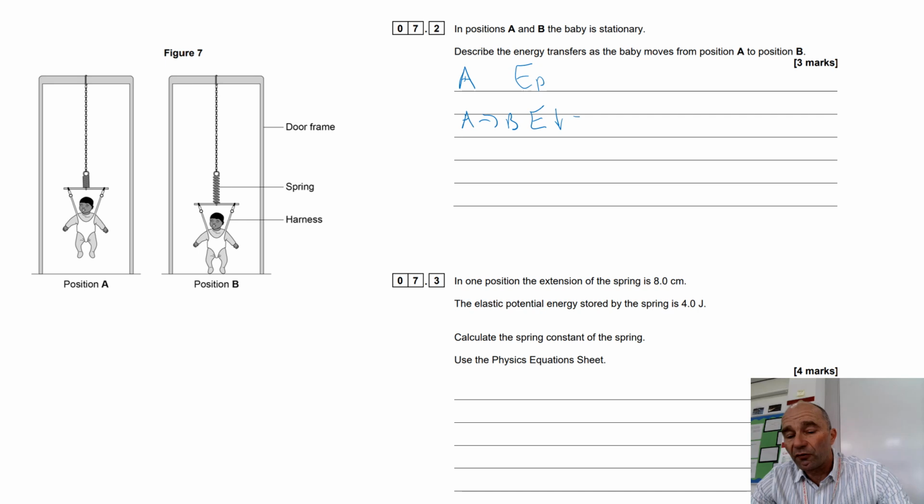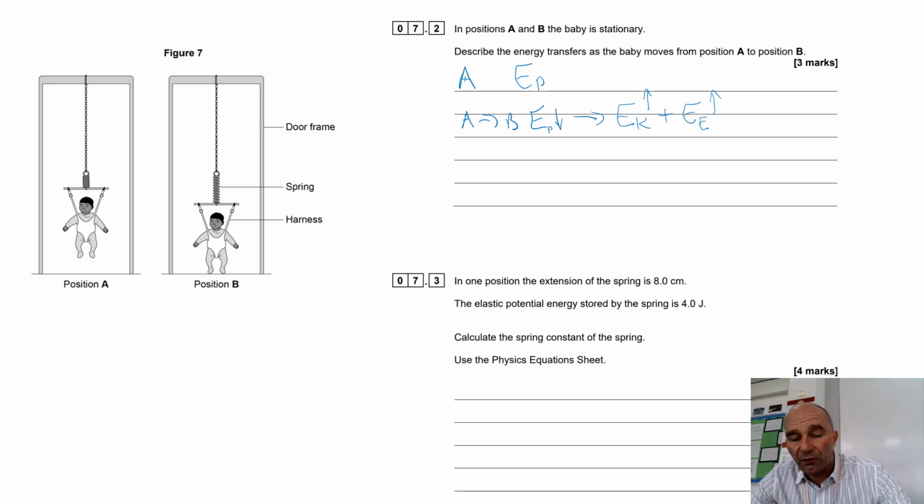That's going to get converted into kinetic energy because the baby's starting to move. But don't forget, the spring is also going to start getting stretched. So we're increasing our store of kinetic energy and also the elastic potential energy stored in the spring.